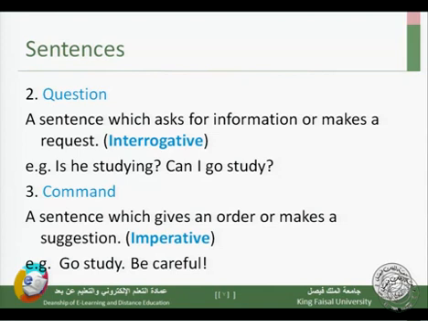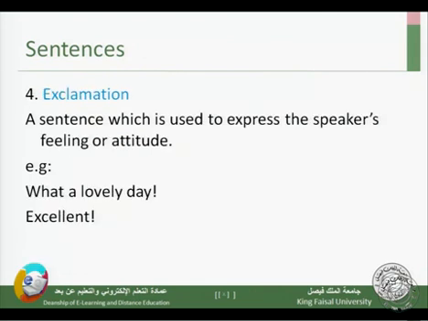The exclamation mark can also be used with another type of sentences. So it can be used with commands, and it can also be used with our final sentence type, the exclamation. An exclamation sentence is a sentence which is used to express the speaker's feeling or attitude.